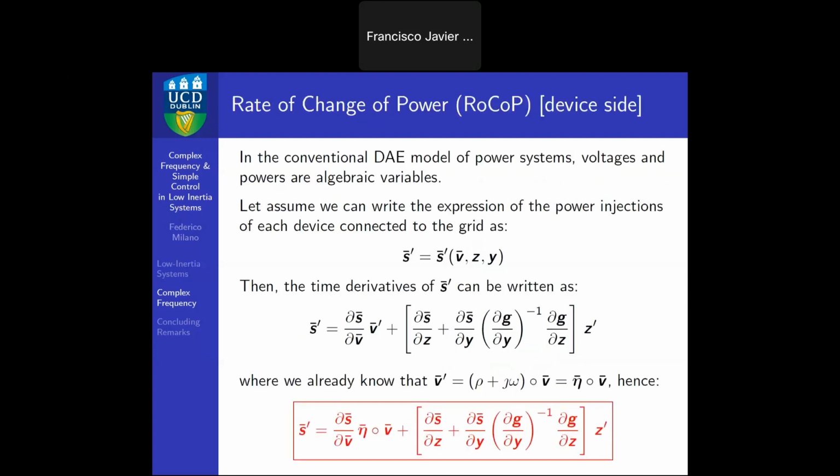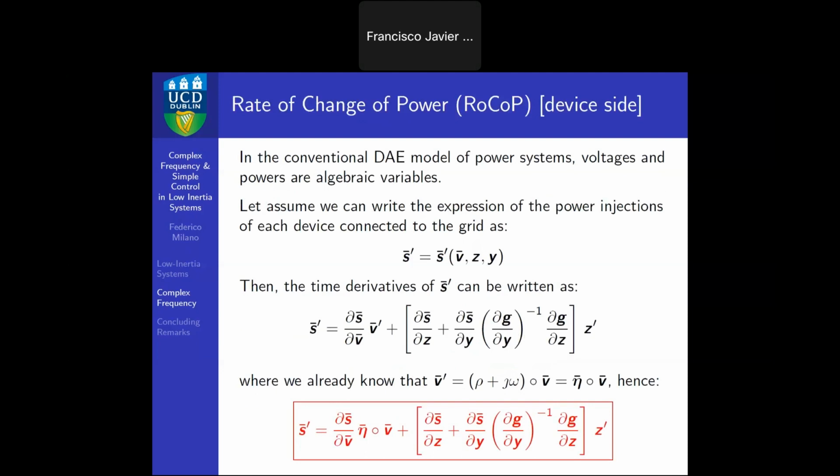So again, after a little bit of tedious matrix manipulation, we have that the device side can always be written in this way. You see that it's always linear. This is the derivatives multiplied by this, so it's linear with respect to eta. Then it depends also linearly on Z prime.